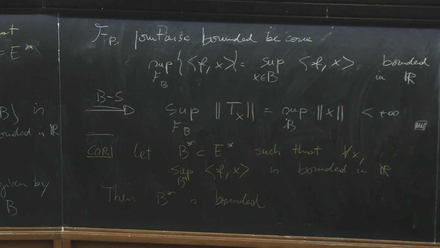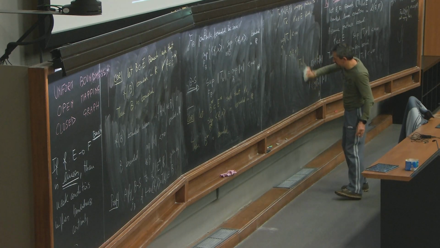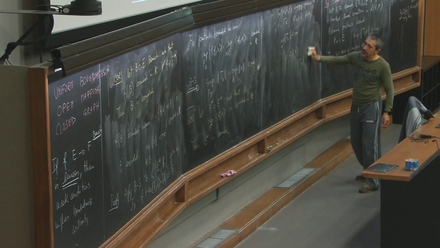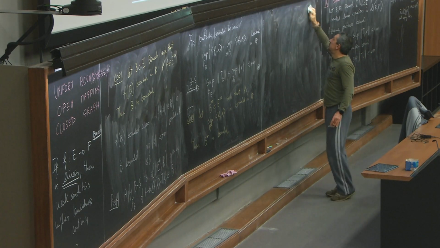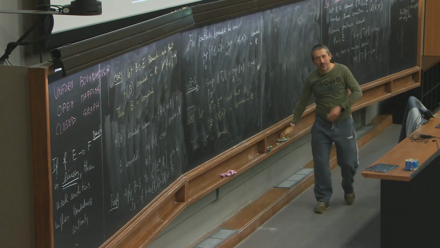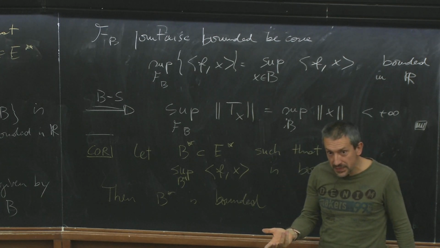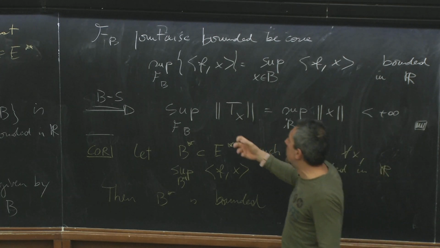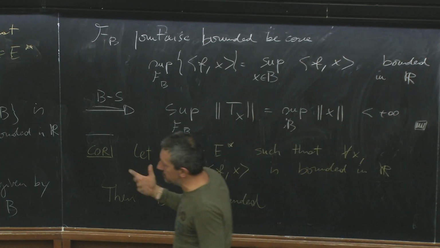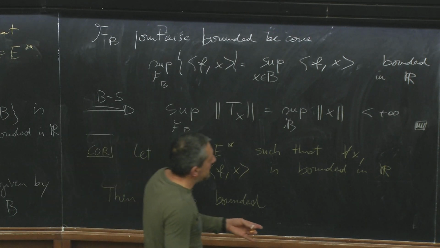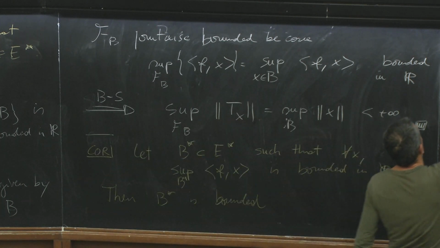So let's do the proof and then some comments. The proof is the same but for one part, in this passage. Here I needed the Hahn-Banach theorem to say that the supremum over all f, the norm of the linear operator, is equal to the norm of x, while on the other hand, in this statement, let's go back.